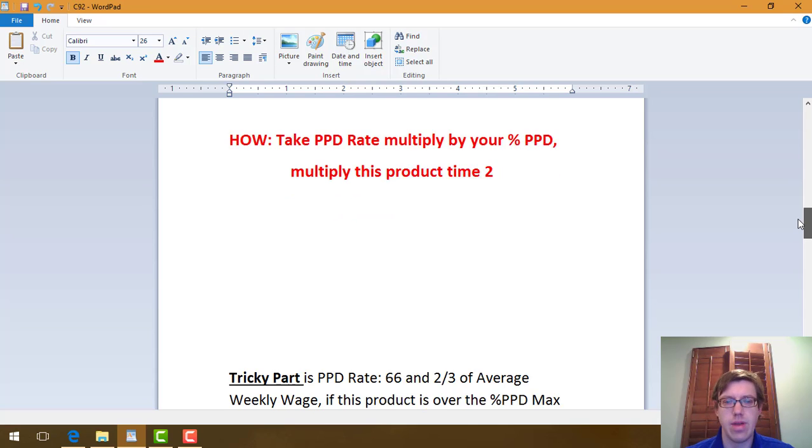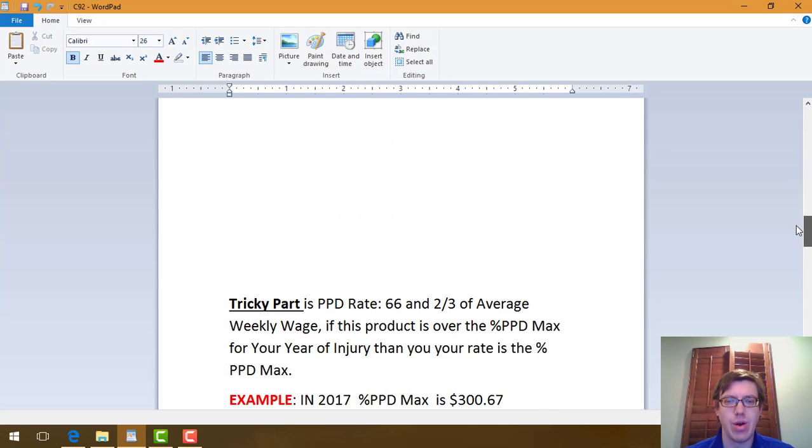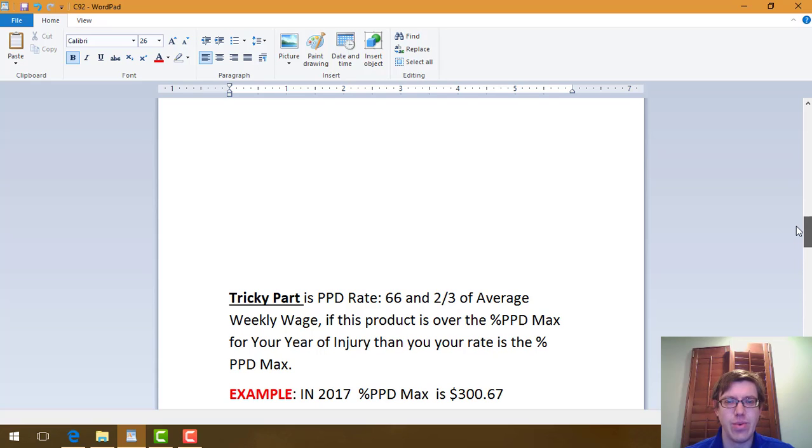Okay, so now let's talk about the tricky part, which is the rate. The way it works is you have your average weekly wage, and if you don't know what that is, that's basically the amount of money you made over the year before the injury divided by 52.